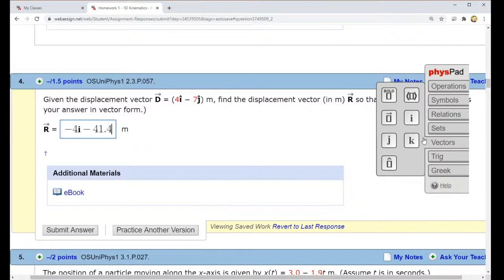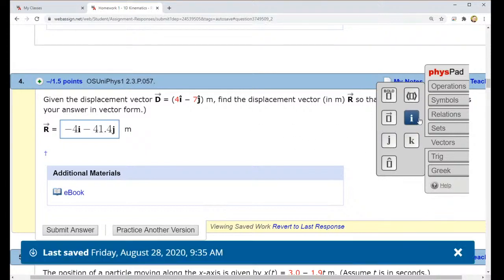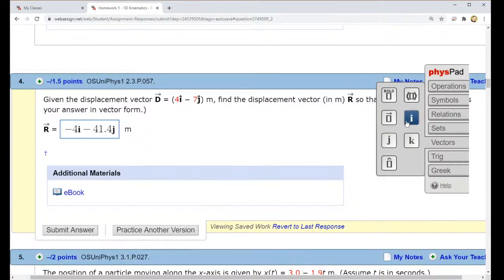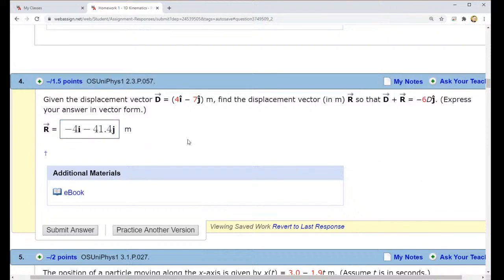41.4 j hat. You might say, where the heck are the hats? It's just i and j. Well, they're bold. You may not be able to tell that, but you can see it over here. There are different ways to communicate whether something's a vector quantity or not.